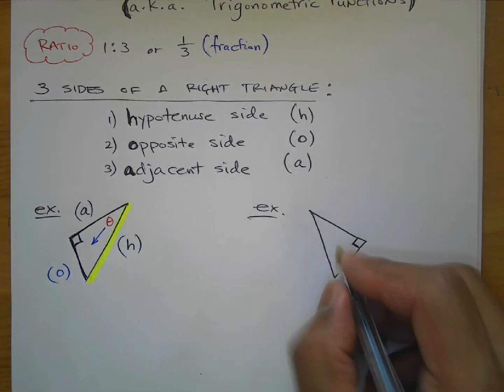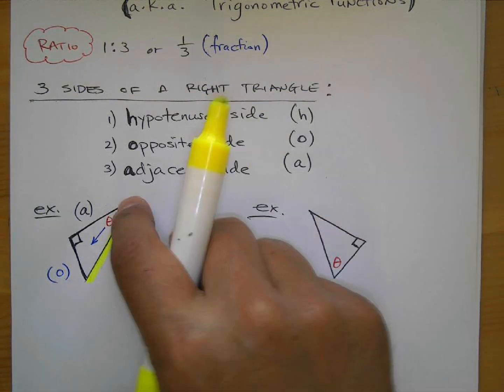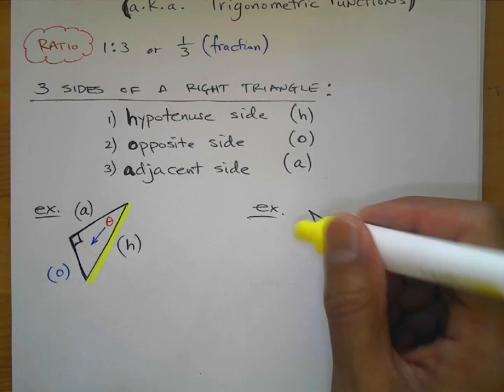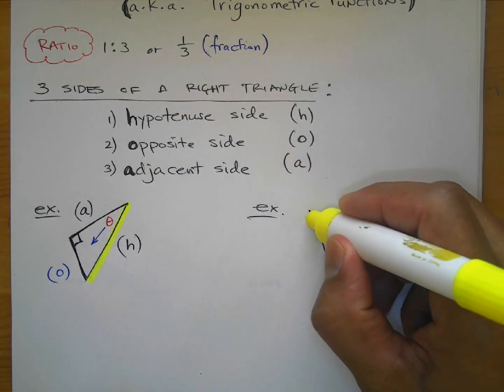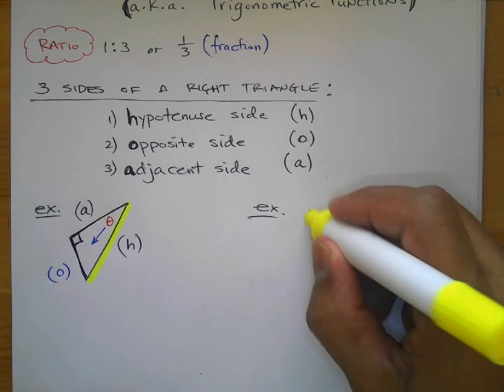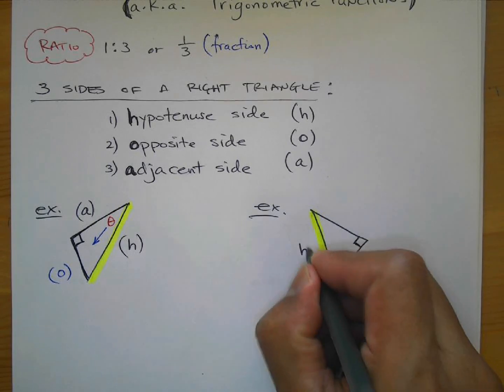Okay, so now what if I put this angle over here for this example? Well, again, don't worry about that right now. These are the legs, the ones that contain the 90-degree angle. No, the hypotenuse side is the first one you identify, not the legs that have the 90-degree angle in the middle. Identify that one first.